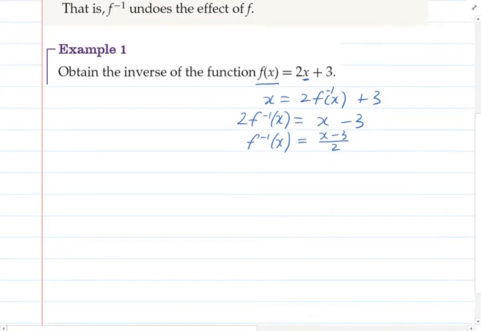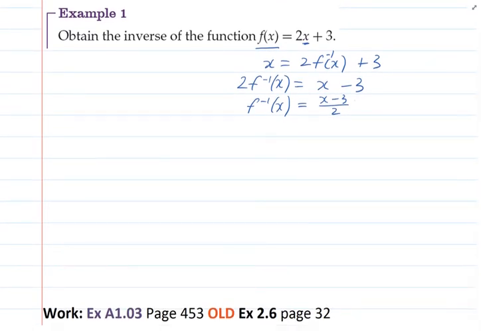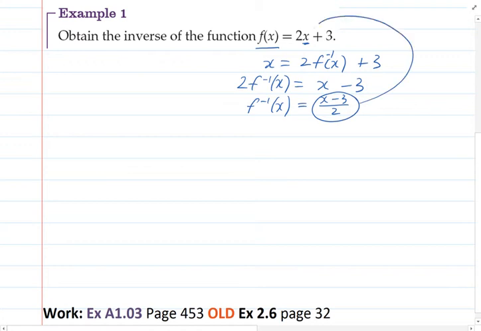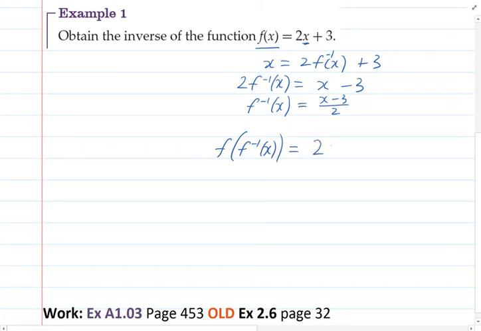And a way we can test to see if our inverse is correct is by substituting this back into our original function instead of x. And if we get x as our answer, then we know we're correct. So f of f inverse of x is 2, and then instead of x we'll write (x minus 3) over 2, plus 3.